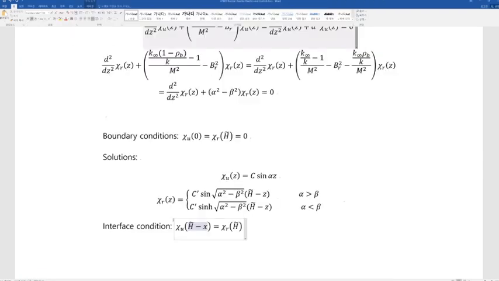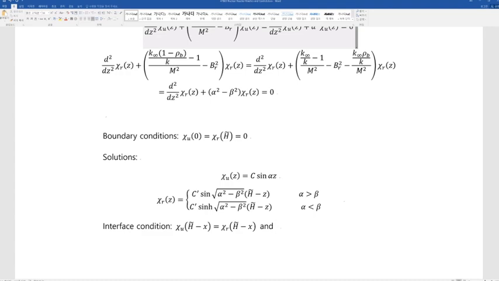And this is the point z equals h tilde minus x, the place of the interface. And this would be the flux in the unloaded volume, and this would be the flux in the loaded volume, and they should be the same. This would be one condition to satisfy the continuity of neutron flux.